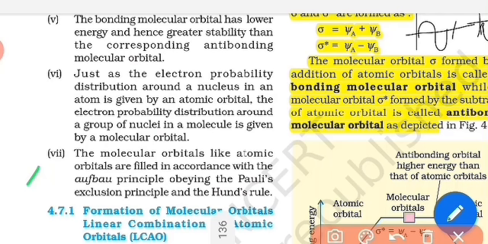Seventh point, the molecular orbitals like atomic orbitals are filled in accordance with the Aufbau principle, obeying the Pauli's exclusion principle and Hund's rule. So all the rules according to which electrons enter atomic orbitals, electrons in molecular orbitals also enter accordingly.